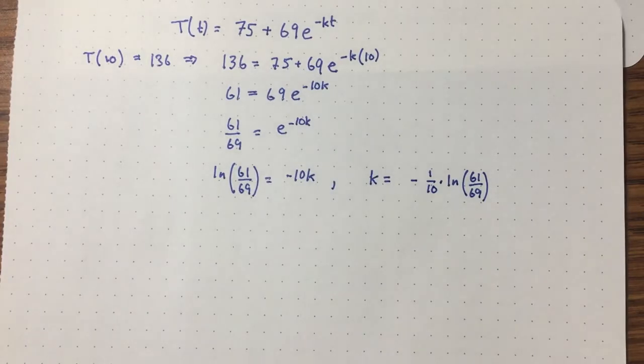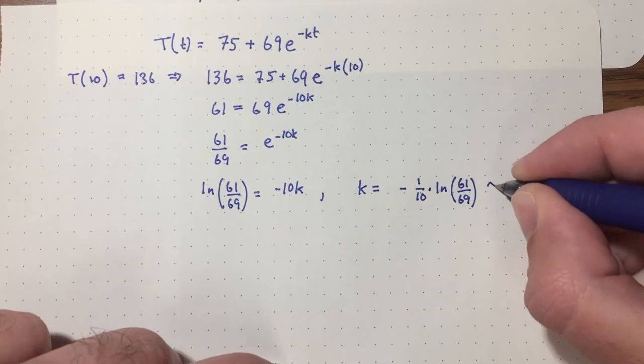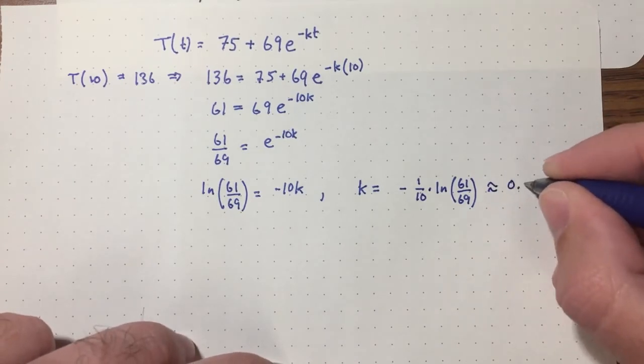Let's actually get an approximate value for that number. So I'm just going to plug that into my calculator really quick. Negative 1/10 times the natural log of 61 over 69. And this number is approximately 0.012.